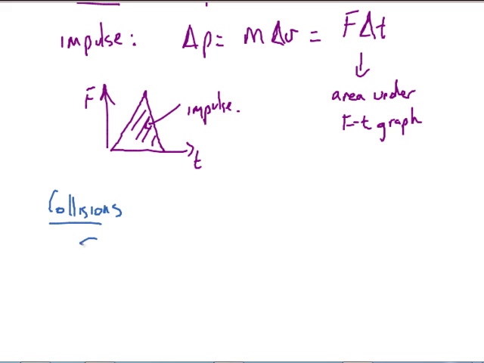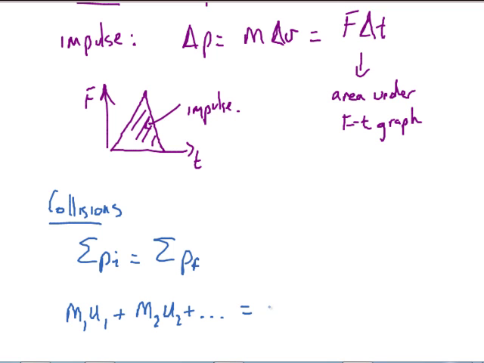So we have the sum of the momentum initially, or before the collision, must be equal to the sum of the momentum afterwards. Or if we want to substitute in, then it's just going to be the individual momenta for each of the objects. So for object 1 plus object 2 plus however many objects there are, must equal the sum of the final momenta for each of the components.